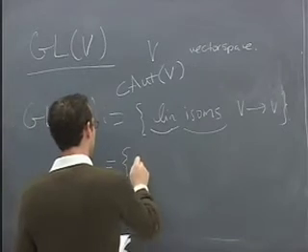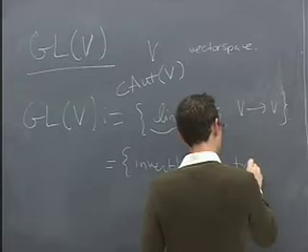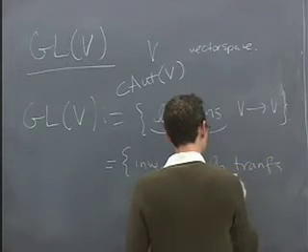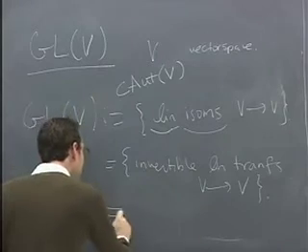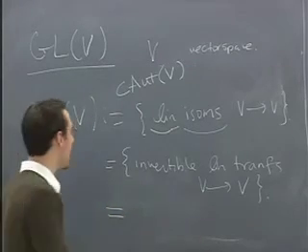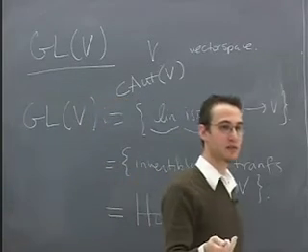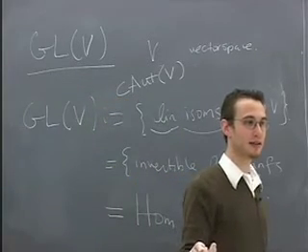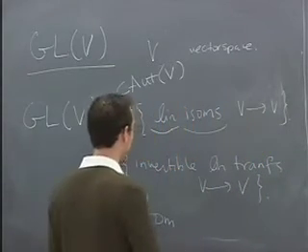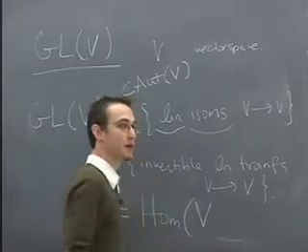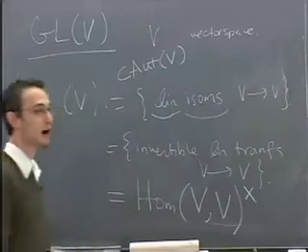Put another way, these are just the invertible linear transformations from V to V. Or, using a language that we've seen several times, what did we call the invertible elements of Z mod NZ? Exactly, (Z mod NZ) star. So it makes sense, given the notation we've introduced so far, to call this Hom(V, V) star.